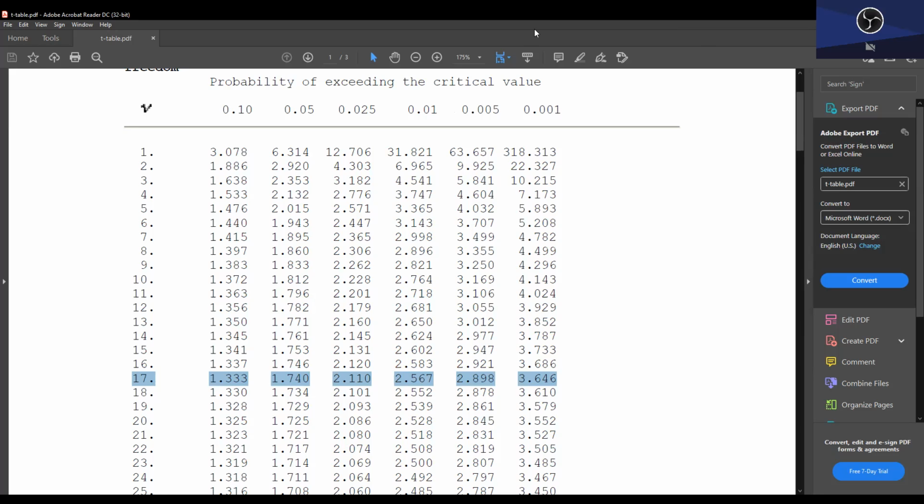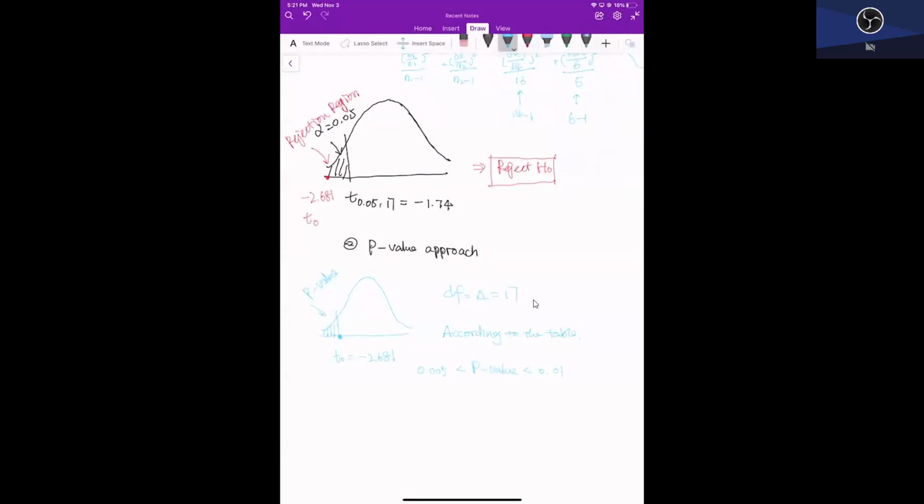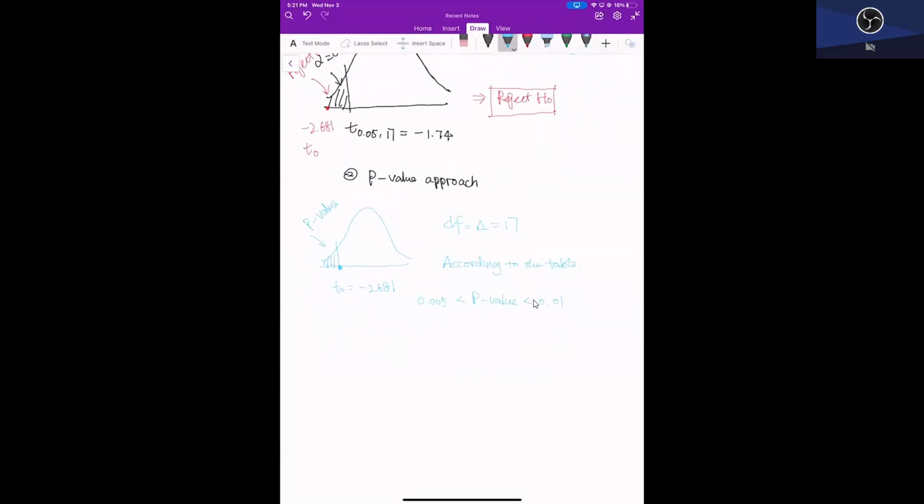Okay, so I have just written it down. According to the table, you would have p-value greater than 0.005 and also less than 0.01.